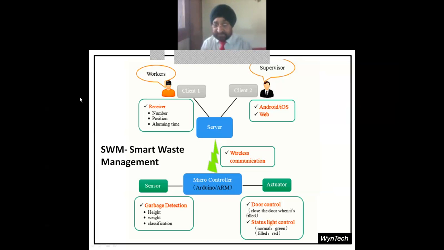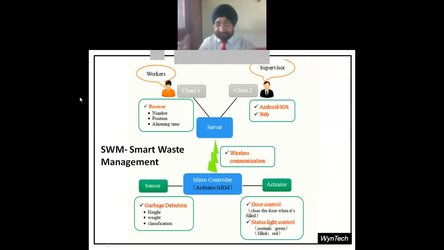The sensor detects the height of the garbage, the weight of the garbage, the classification of the garbage. The garbage is wet garbage or organic garbage or solid waste or whatever type of classification. In fact, there are sensors which sense the classification of the garbage, and the weight, and height.